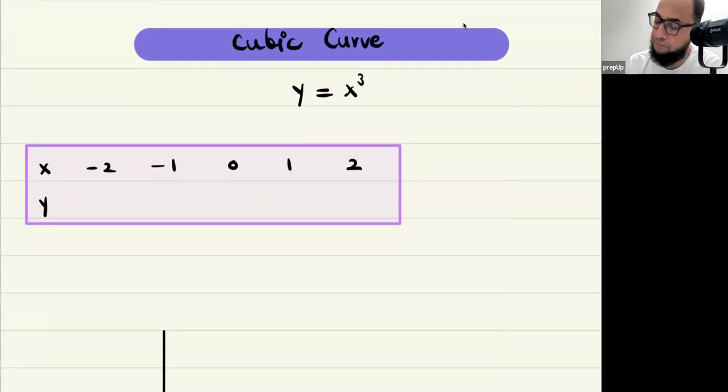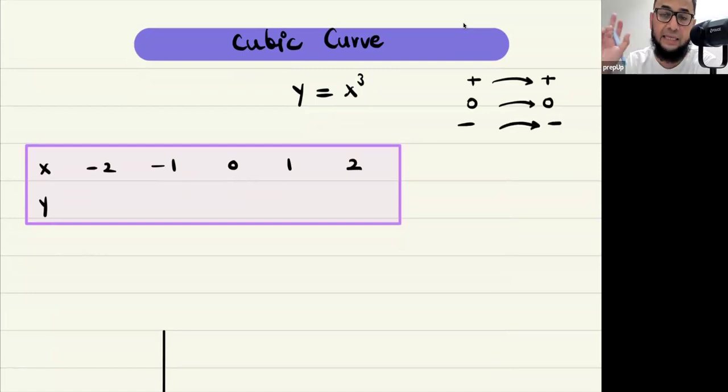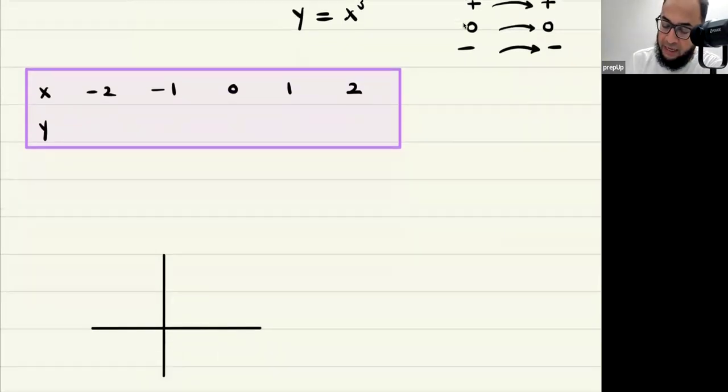What is the property? If x is positive, it will remain positive. If x is 0, it will be 0. If x is negative, the cube of a negative number is negative. That is the basic idea. So over here, -2 after cubing is -8, -1 after cubing is -1, 0 remains as 0, 1 remains as 1, and 2 becomes 8.